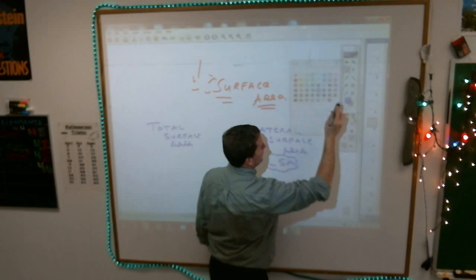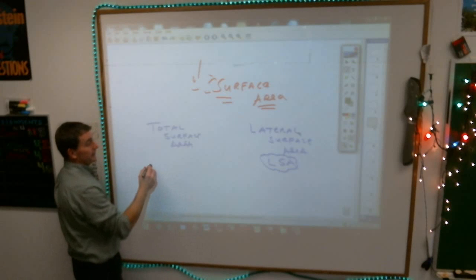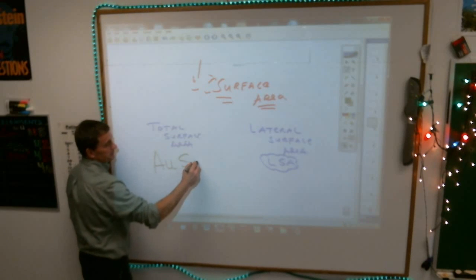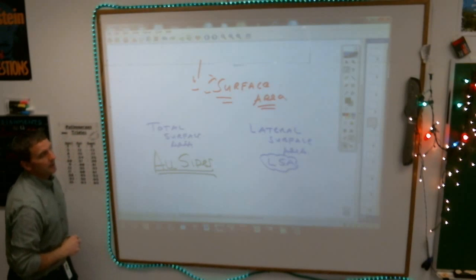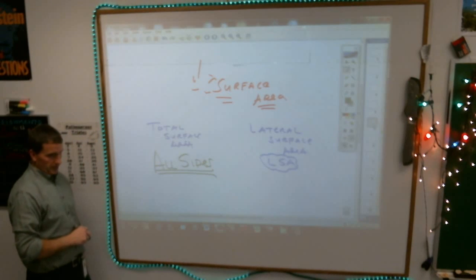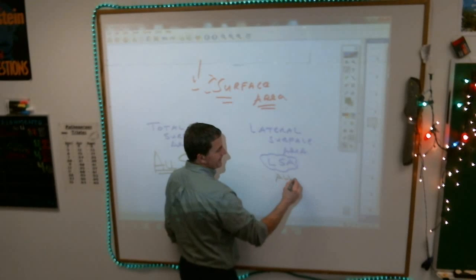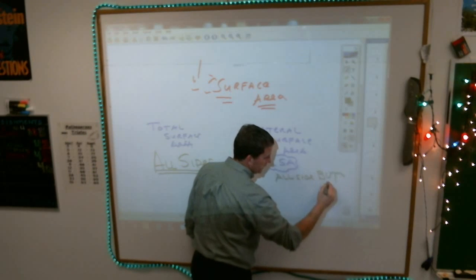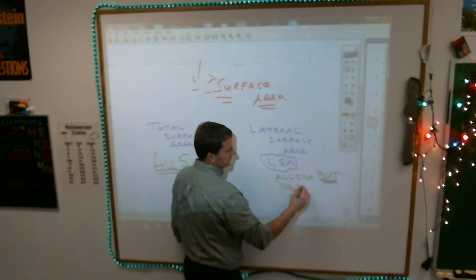Now, the difference in those, they're very much similar. Total surface area is all sides. Lateral surface area is all sides but not the two bases.